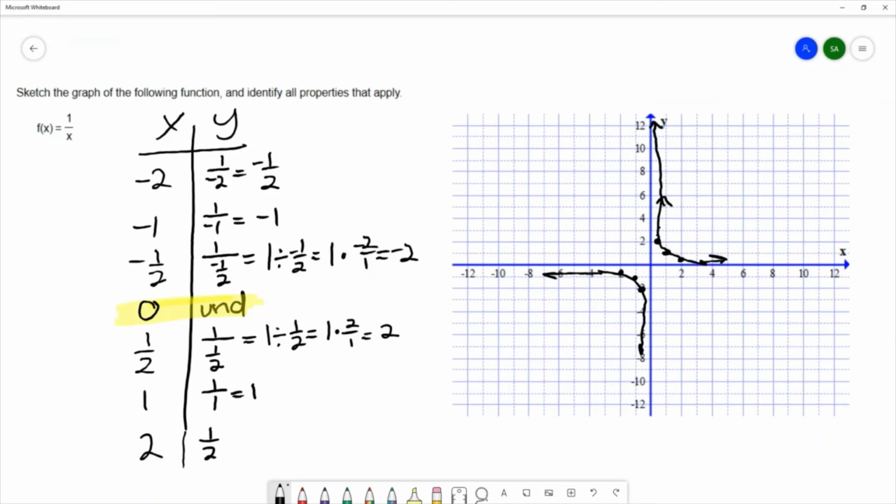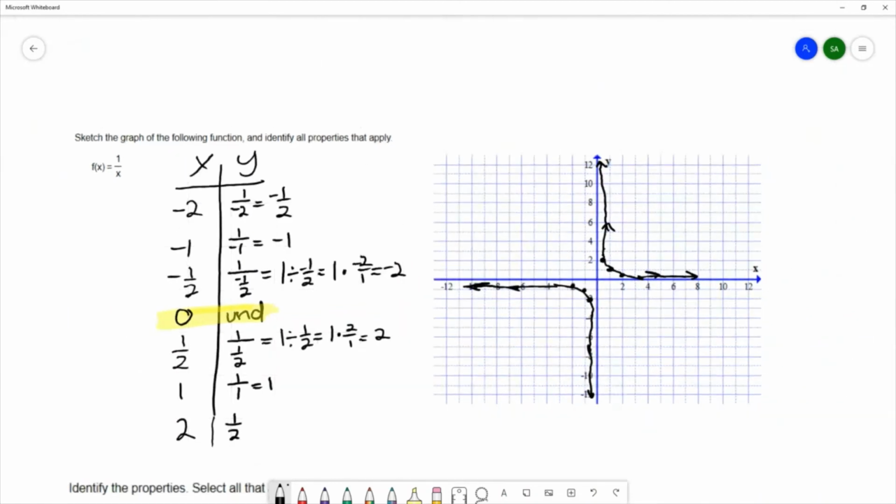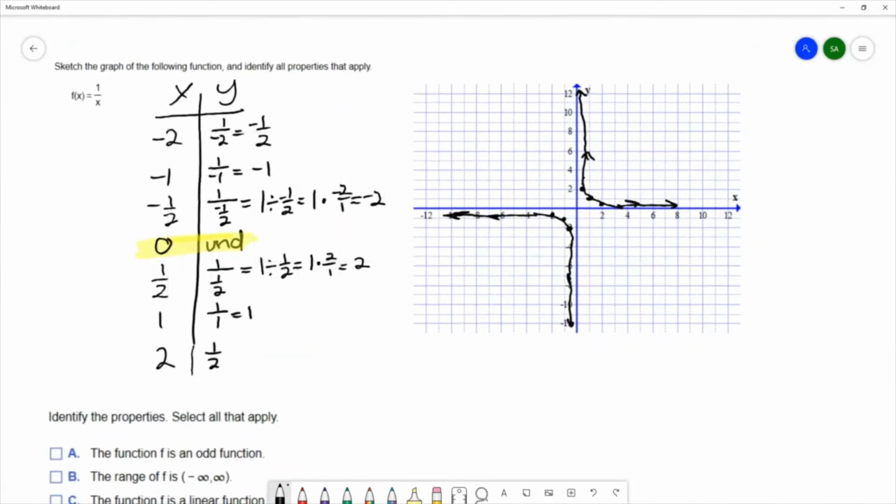The y approaches infinity and negative infinity, and then here my graph is approaching a y value of 0, getting closer and closer without ever reaching it. So this is the graph of the rational function, and I want to take a look at these properties that I have listed below. The first property is the function is an odd function.